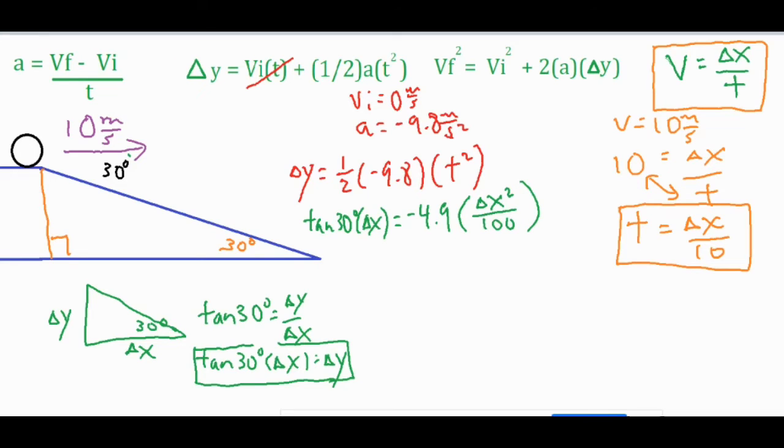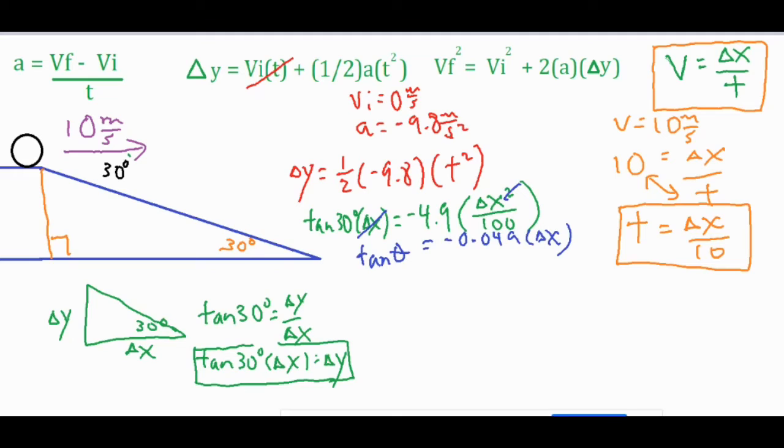All right, now that's looking pretty good because we have only one unknown, which is our delta x. So what we can do is divide both sides by delta x, and that gets rid of it on this side, and then gets rid of that squared value there. And then we have tangent of theta on this side, and then we have negative 4.9 divided by 100, which is negative 0.049, times delta x.